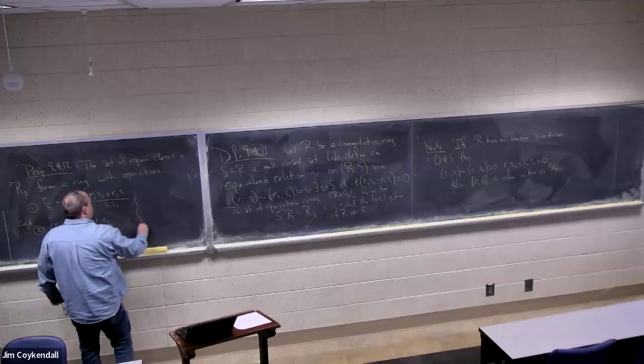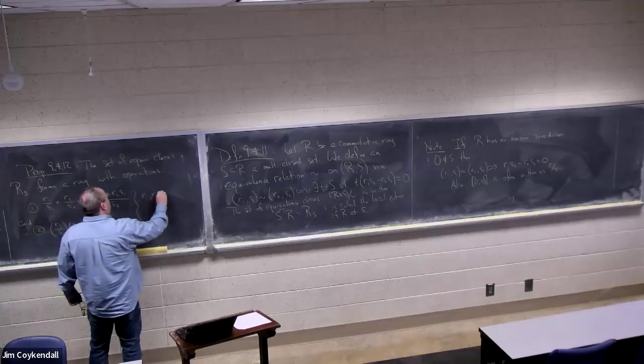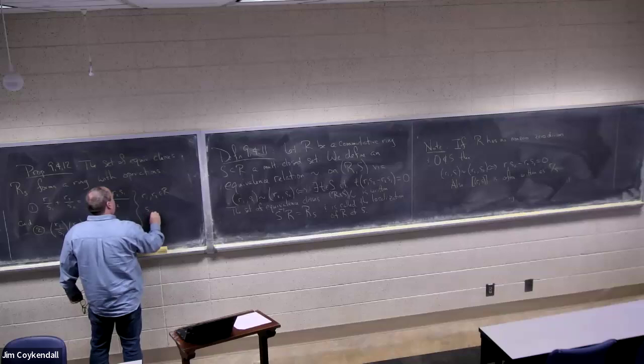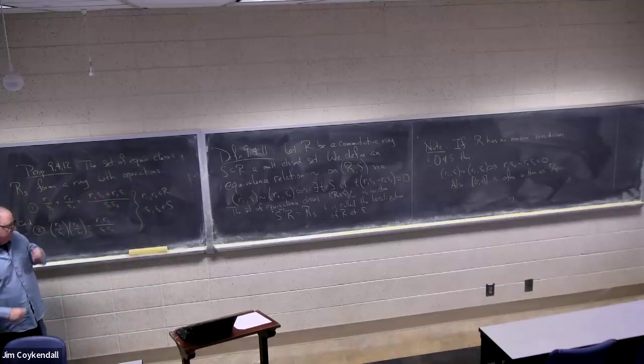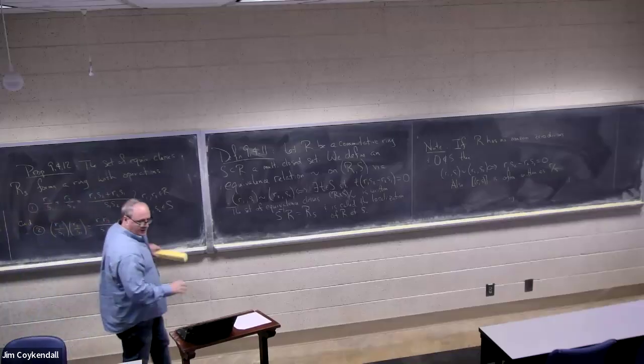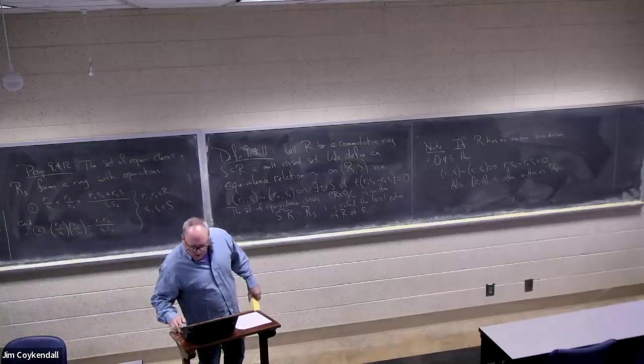And here, of course, r1 and r2 are elements of R, and s1 and s2 are in S. So this actually forms a ring.